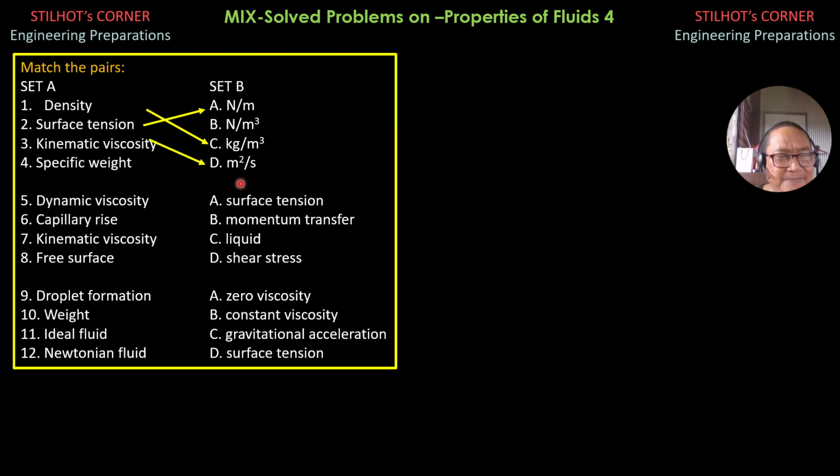It's D. And specific weight, density or unit weight, has unit newtons per cubic meter, so it matches with B.